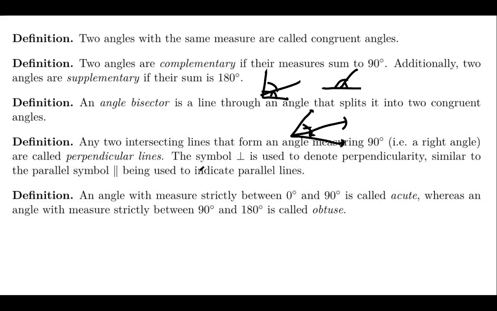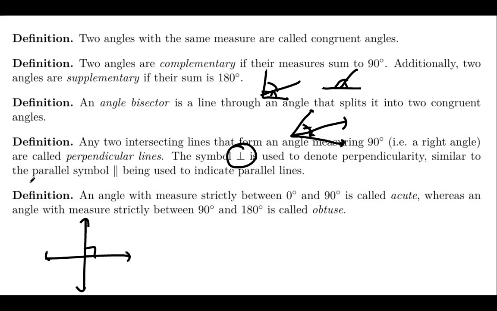Okay, and then any two intersecting lines that form a right angle are called perpendicular. So let's say we have these two lines. If they form a right angle here, that means they're perpendicular. And you often see that this upside down T is used to denote perpendicularity.